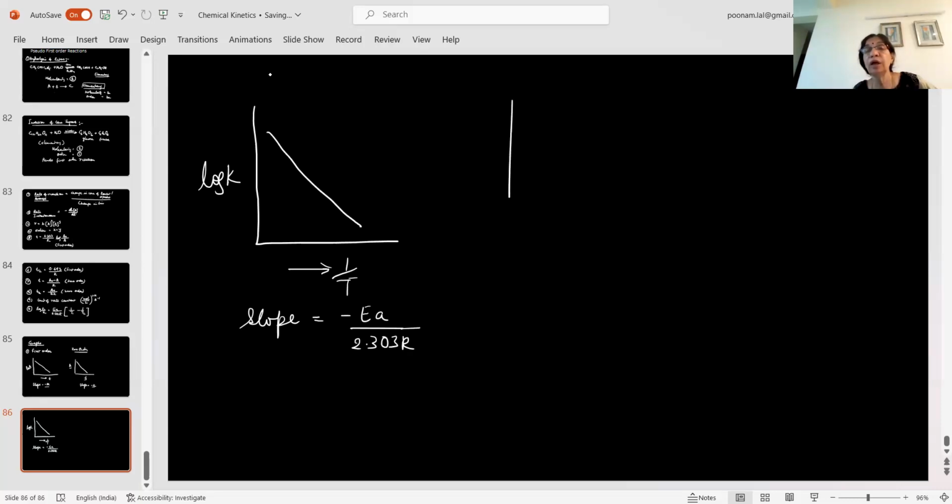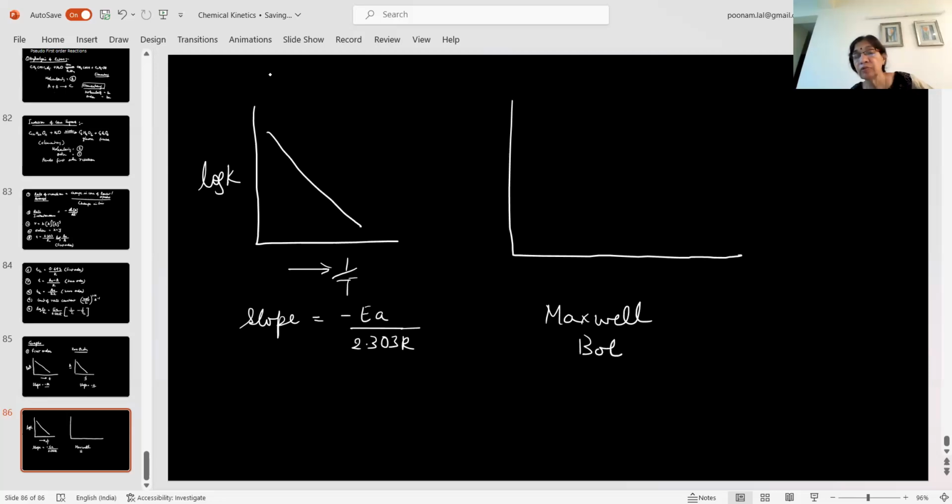Then there is one more graph which is often asked, and this is the Maxwell-Boltzmann graph. In this graph, here it is energy, and here it is the fraction of molecules which have a particular energy.